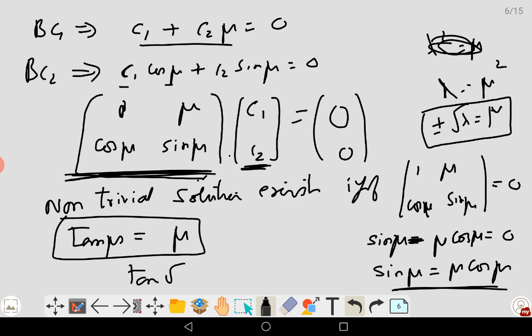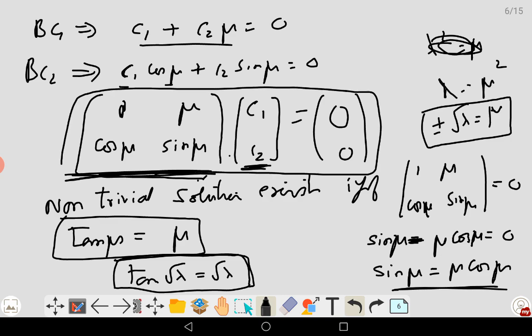So we can write tan root lambda is equal to root lambda. Any value satisfying this equation gives a non-trivial solution for the given differential equation.